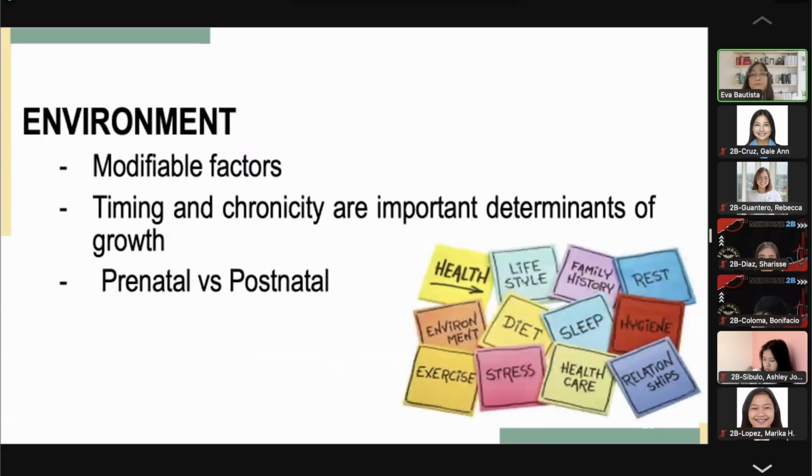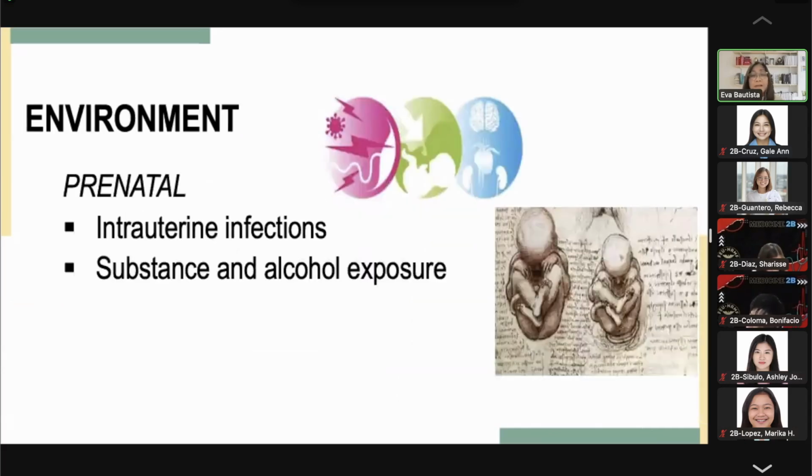Now, there are modifiable factors that affect growth. These are environmental factors, and their timing and chronicity are important determinants of growth. When we say environmental, it can be prenatal versus postnatal. An example of prenatal intrauterine infection is your TORCH: toxoplasmosis, congenital rubella, where the mother had rubella during pregnancy, cytomegalovirus infection, herpes simplex.